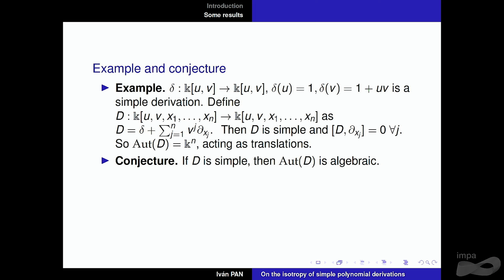Then this is the conjecture. Let me give another remark here, and we are going to see some results in dimension 3 related to this group, which point in the direction of this conjecture.